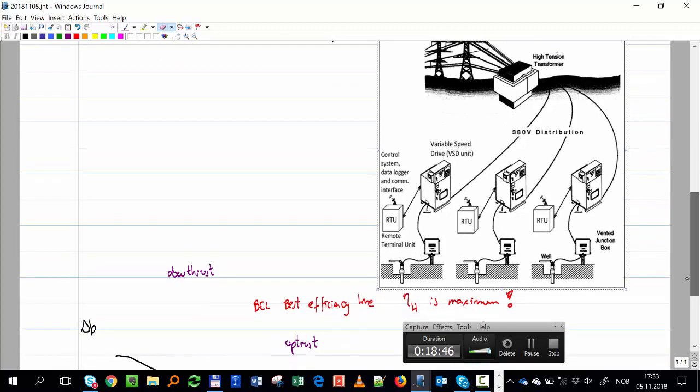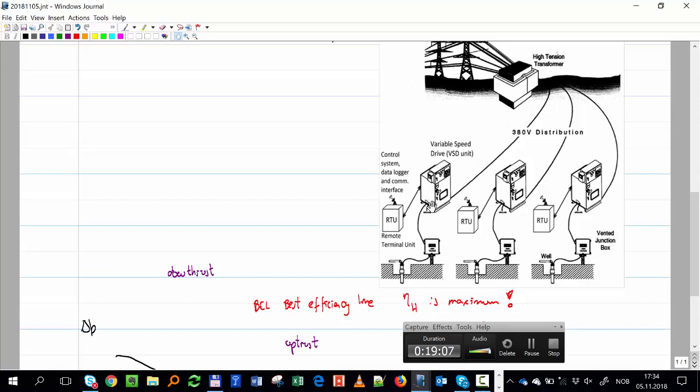You have the electricity that comes either from the national grid or from a generator, then you have a transformer, and then it goes to the domestic voltage or a bit higher, and then that goes into a unit called the variable speed unit.